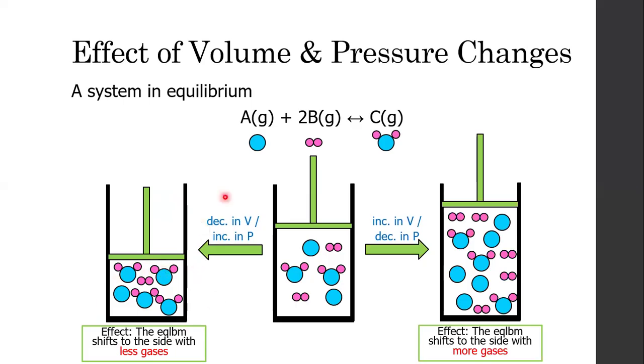So they will favor the side with less gases. Then if you have bigger space for the gases, they would want to fill it up again to reestablish the total pressure. So they would favor the side with more gases when you have bigger space.